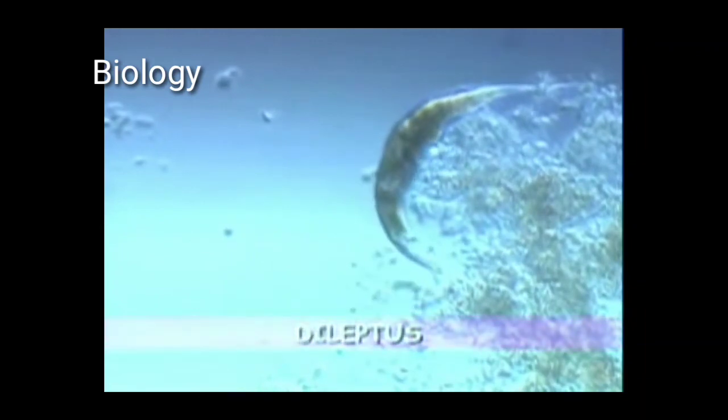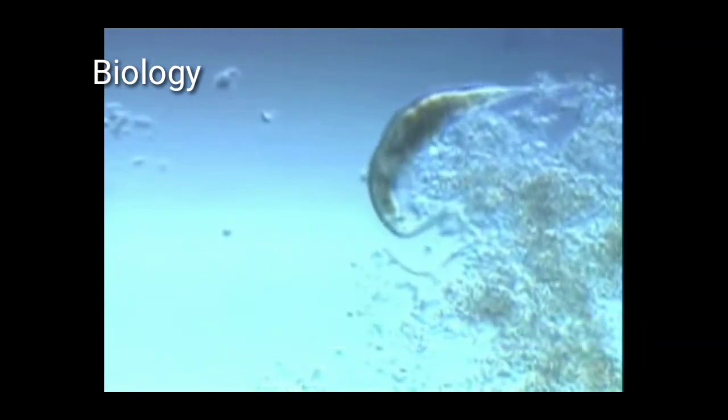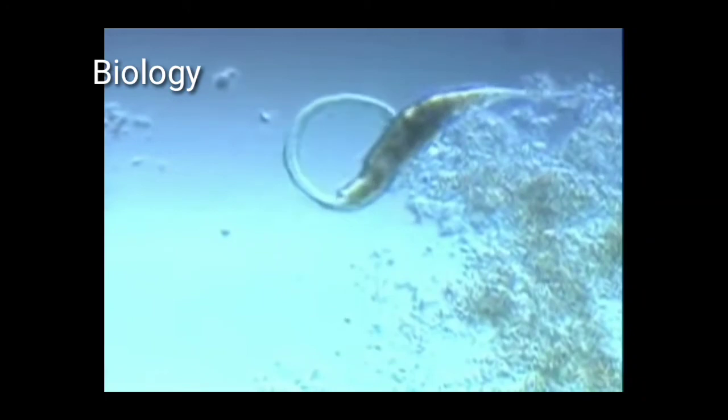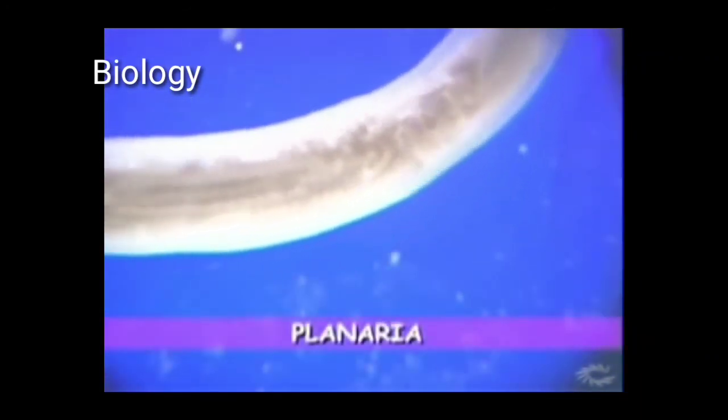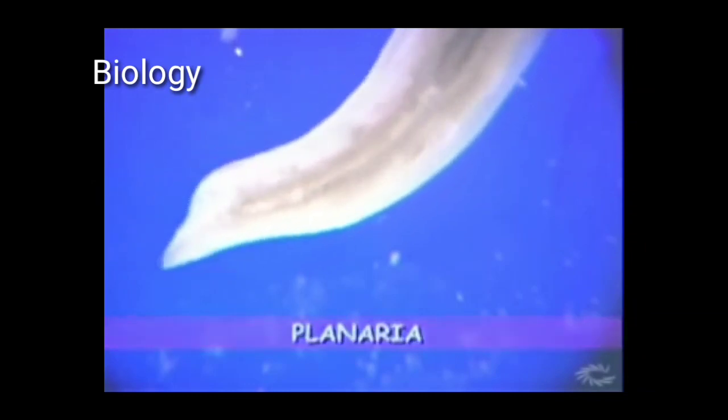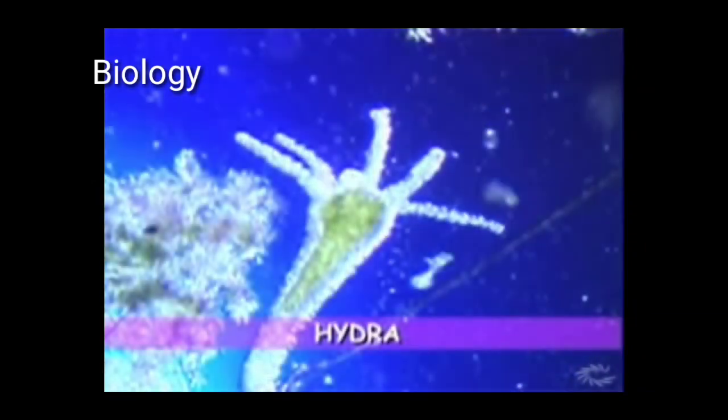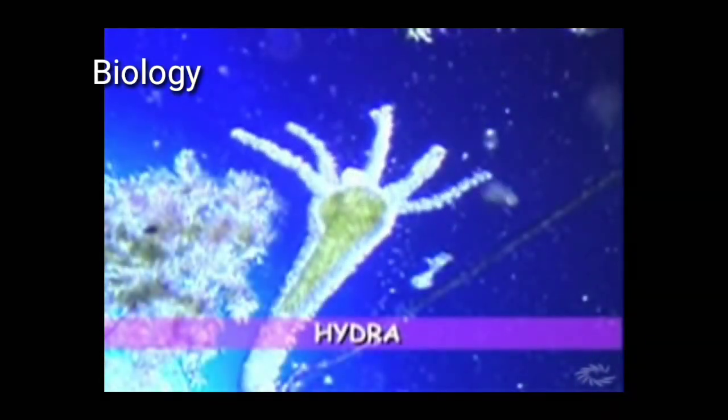It has a whip-like flagellum. And Daphnia, at the anterior region, has cilia, through which it moves from one place to another. And you can see the planaria. And this is the hydra. Okay, thank you.